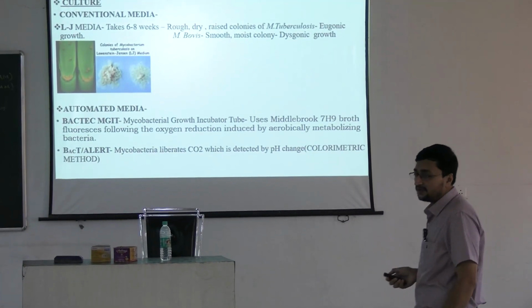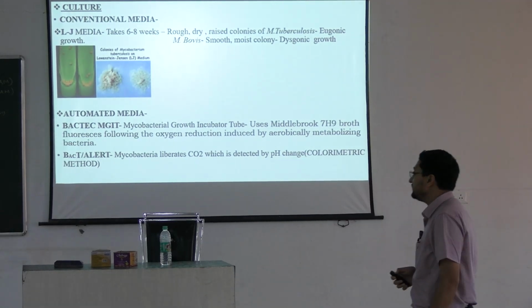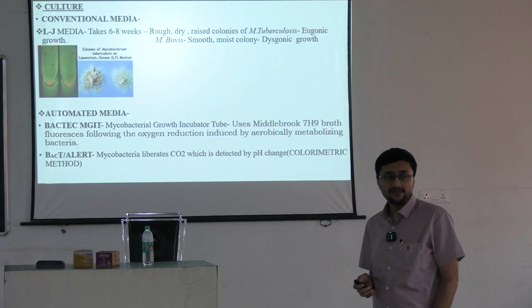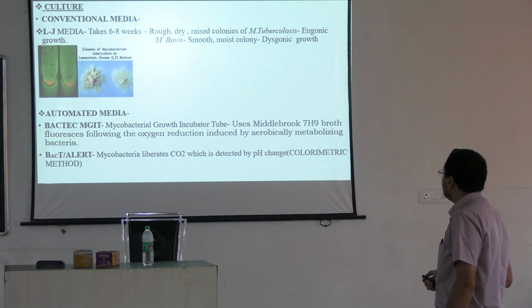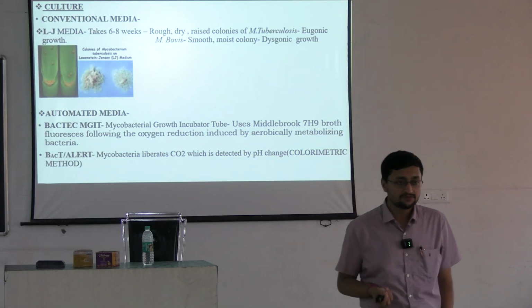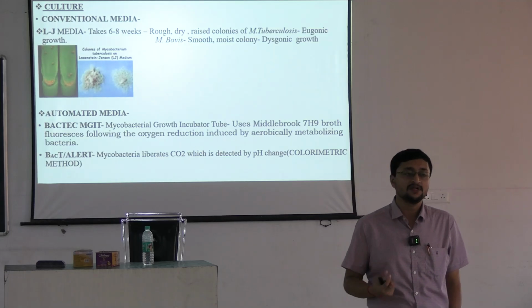So this is the culture media, which you already know: LJ media, Lowenstein-Jensen media, takes around 6 to 8 weeks. The colony is rough, dry and raised in case of Mycobacterium tuberculosis, which is called eugonic growth, and in case of Mycobacterium bovis it is called dysgonic growth.